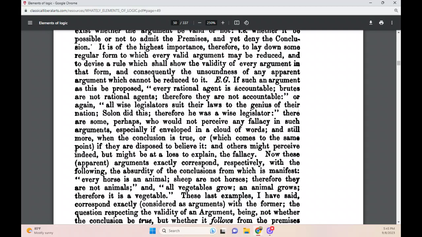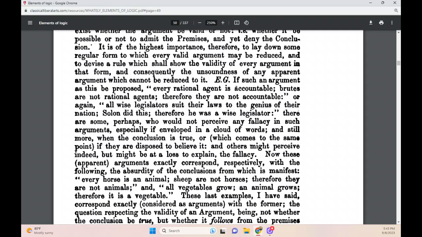It has to be outside of the circle of rational agents, but it could still be inside the circle of accountable things. It could be half in and half outside of accountable things, or it could be entirely outside accountable things. So those two premises do not lead necessarily to that conclusion.